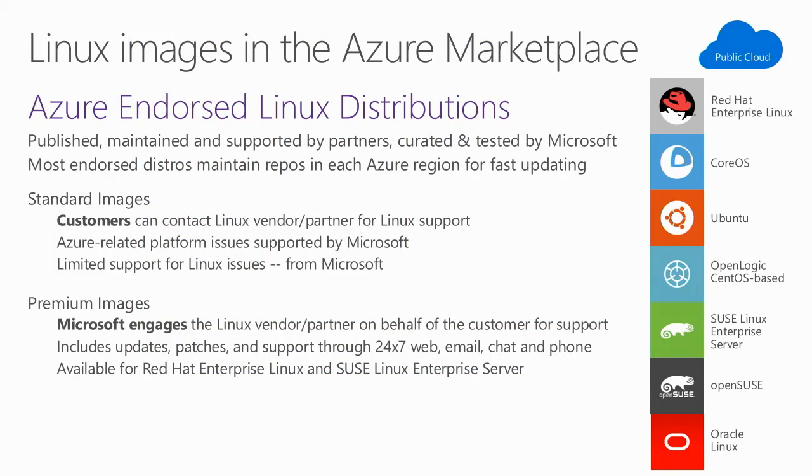In terms of distributions that are available, we have heaps of images in the marketplace. There are basically 2 different kinds. There are standard images, which might be community contributed, so support is limited there. But then we've also got premium images. These are official images, like those from Canonical for Ubuntu, CoreOS, OpenLogic as a partner, and Red Hat Enterprise Linux.